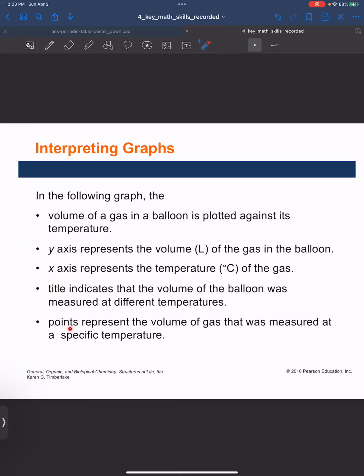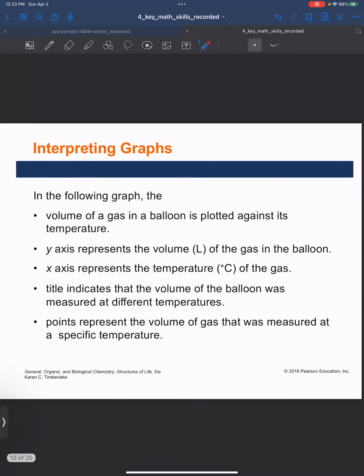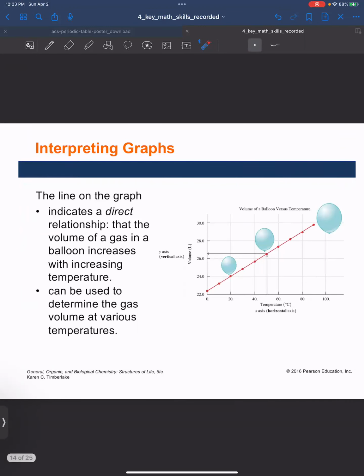And then we noticed that different points of data were collected to represent the volume of the gas that was measured at specific temperatures along the way. And so you can see the graph here. And what we notice is that there's a direct relationship between the volume of the gas and the increasing temperature.